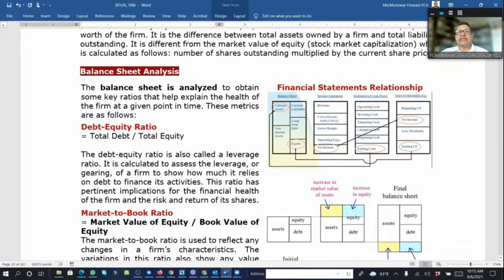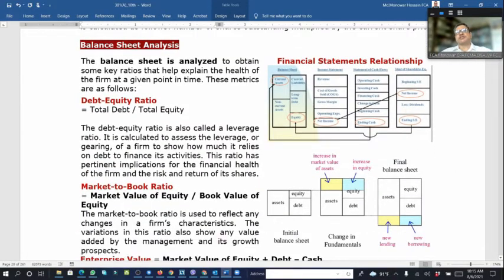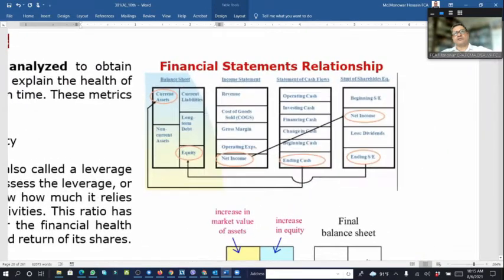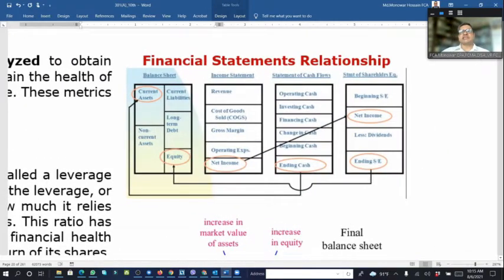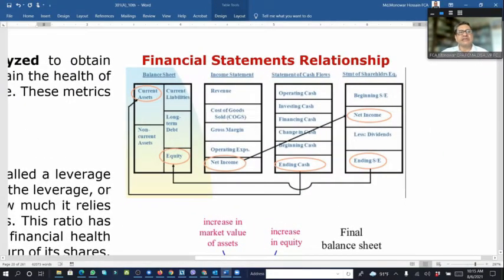And let's see the relationship between the statements. Look here, the financial statement relationship: the balance sheet, the income statement, the statement of cash flow, and the statement of stockholders' equity. Current assets from the balance sheet go to the statement of cash flow as the ending cash. It must be equivalent.